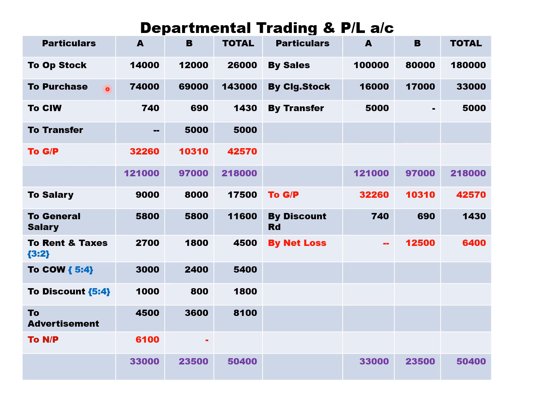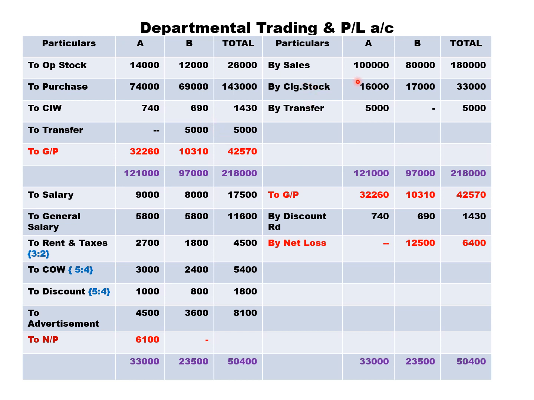So students, opening stock given in the question for A, B, and then you take the total of both the departments. Purchases given in the question; I've taken the net purchases, that is purchase less purchase returns. Carriage inward is distributed in the ratio of purchase.